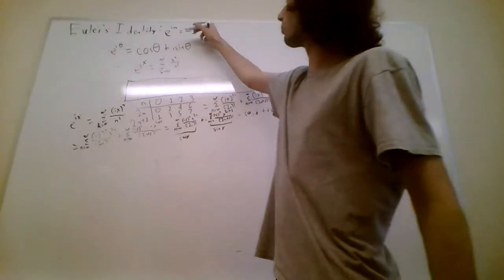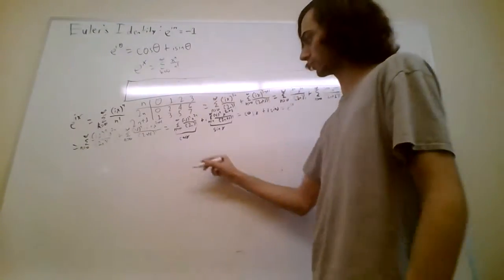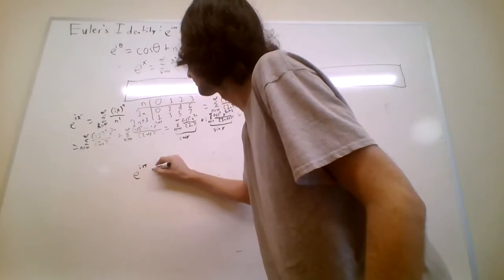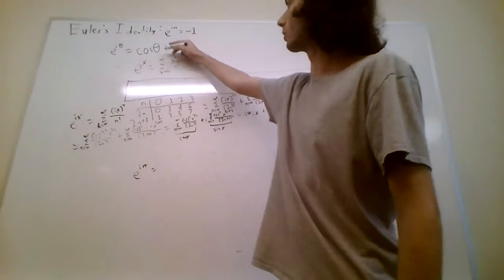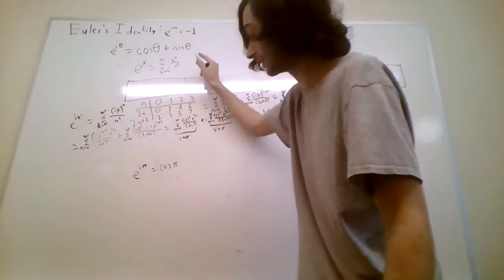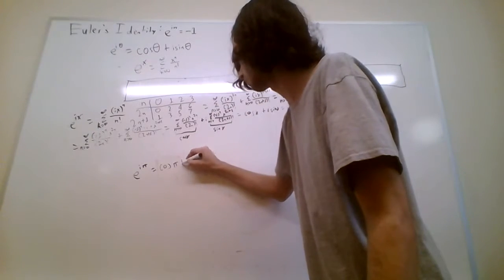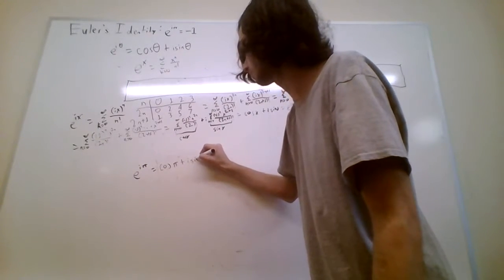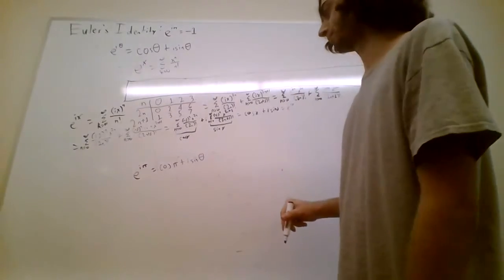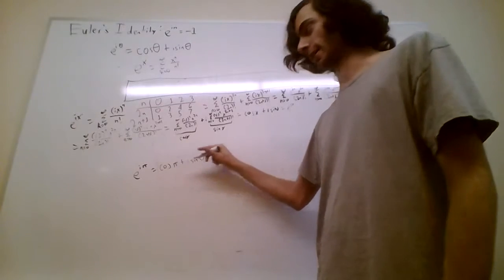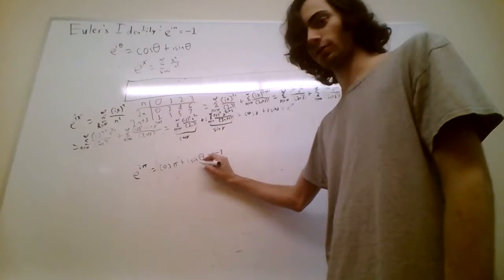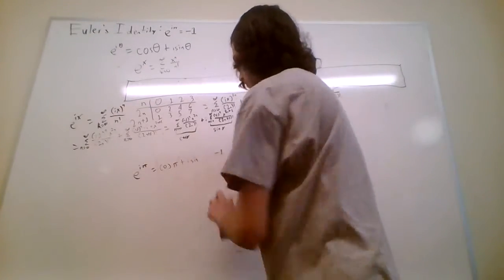Next, we can use this to figure out why e to the i pi is equal to -1. So I'll do this right here. e to the i pi is equal to cosine of pi plus i times the sine of pi. Cosine of pi is -1, plus i times sine of pi.